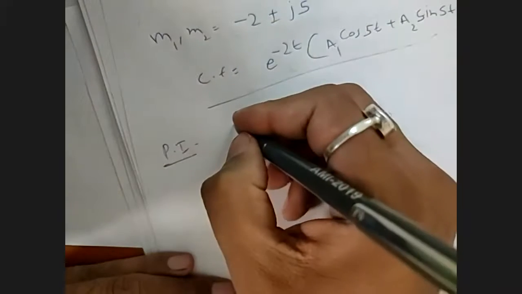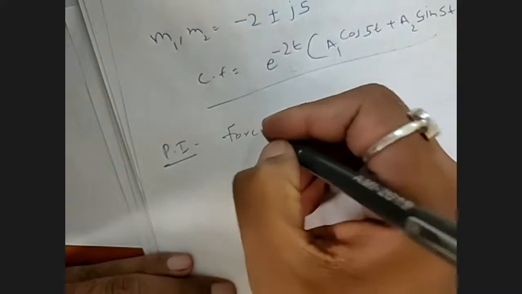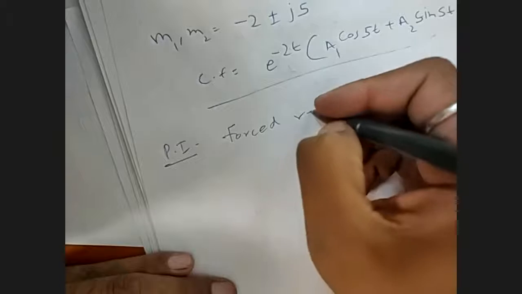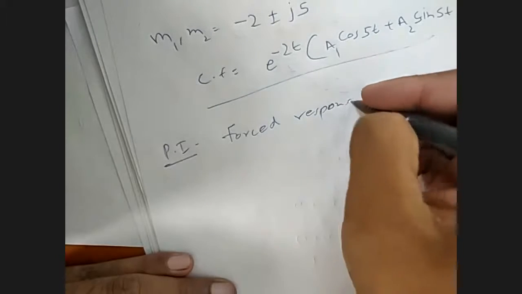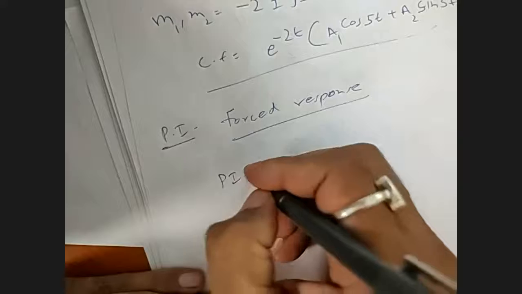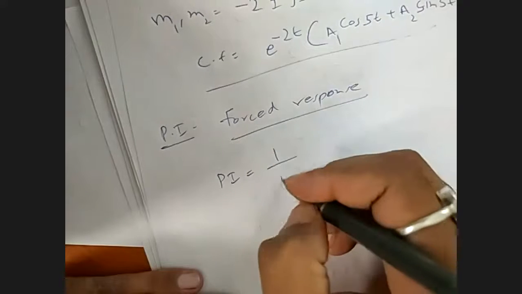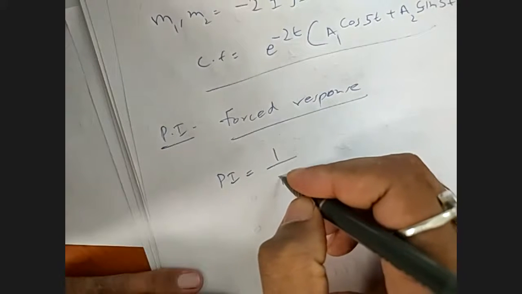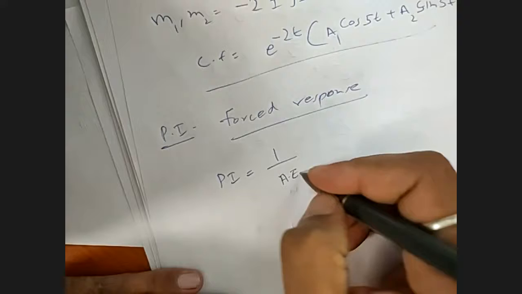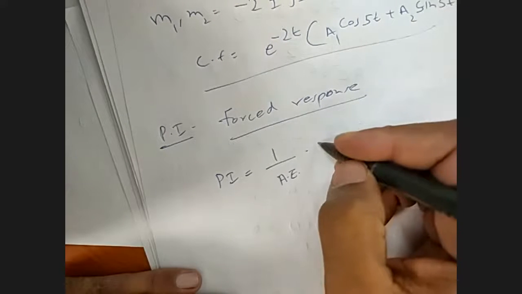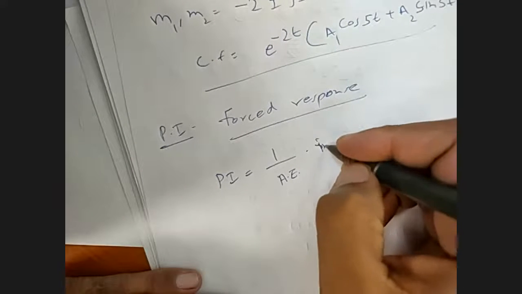PI is when we apply force or input to the system. So PI is 1 upon auxiliary equation into input.